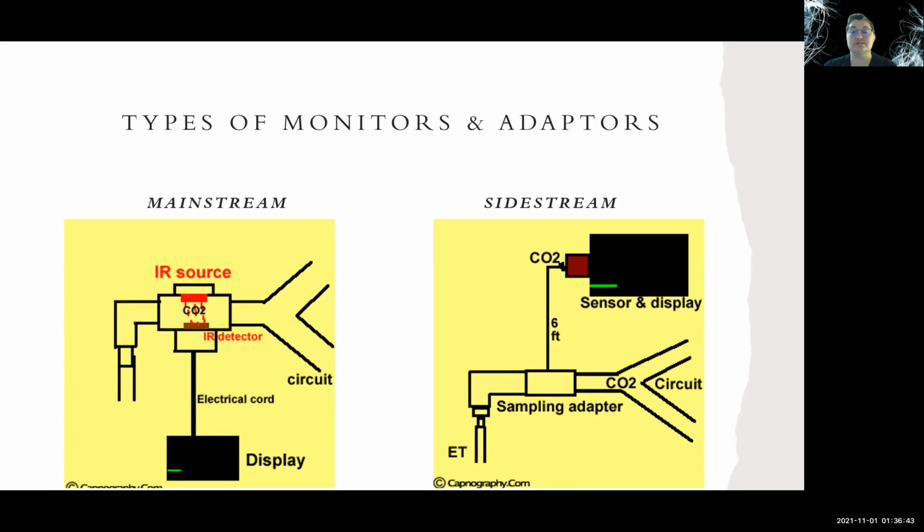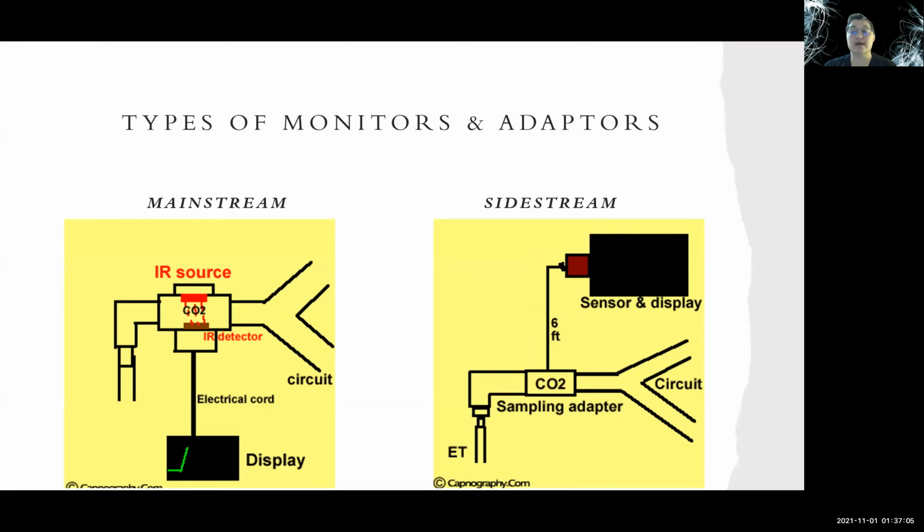A lot of times, mainstream sensors do have long electrical cords, but the unit itself is lightweight. Facial burns have been reported with the earlier versions, but with the newer sensors that we have nowadays, those have been pretty much eliminated.